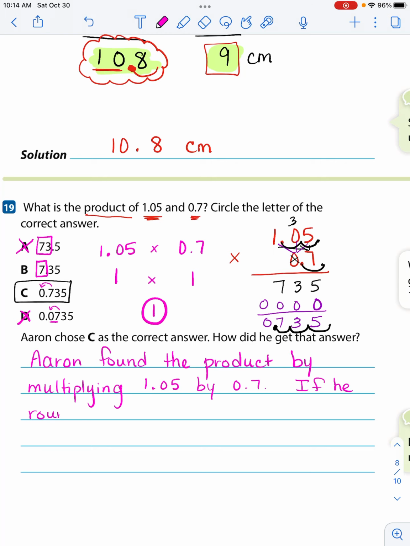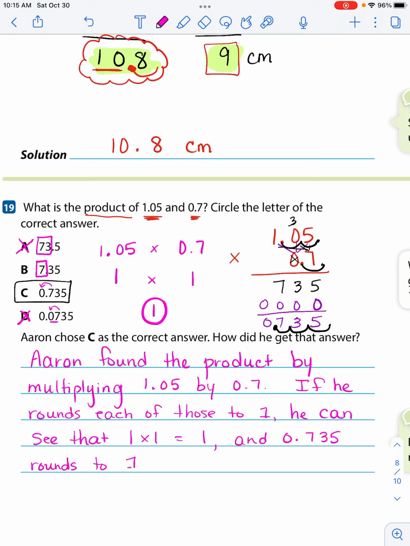If he rounds each of those to 1, he can see that 1 times 1 equals 1, and 0.735 rounds to 1 whole. I'm telling you, rounding can be your best friend.